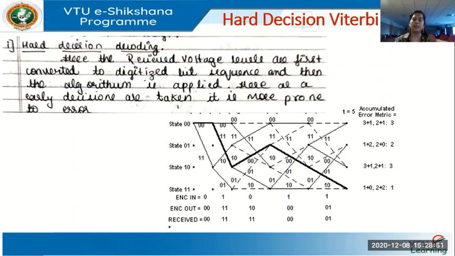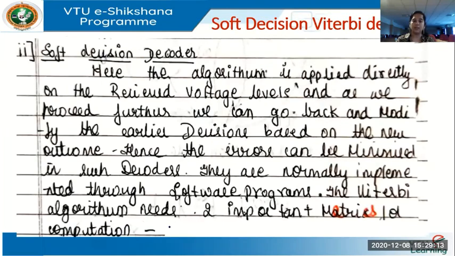We are going to apply the Viterbi algorithm after digitizing the received bit sequence. Because early decisions are taken here, initially itself we take decisions as to what they are, this is more prone to error. So this is shown in this diagram. Anyway, you will not get it clearly here.